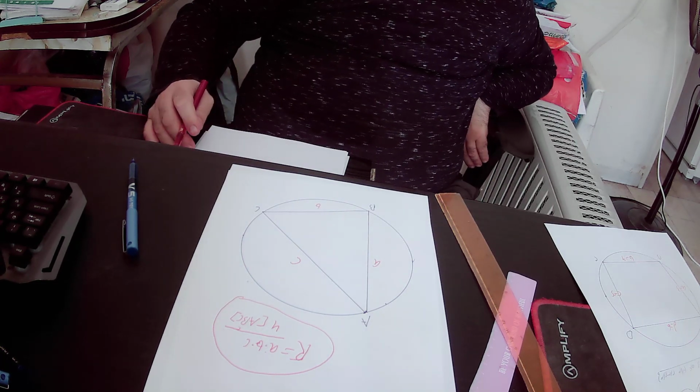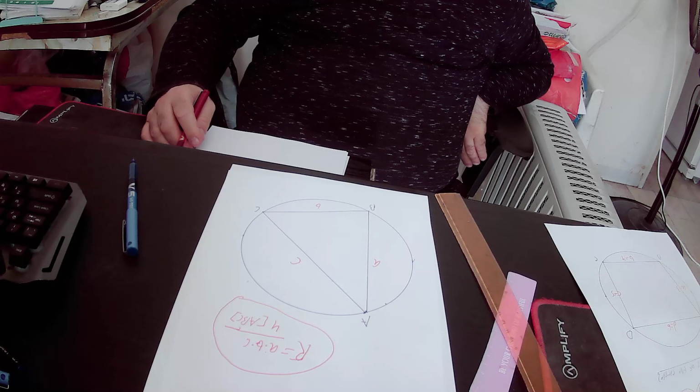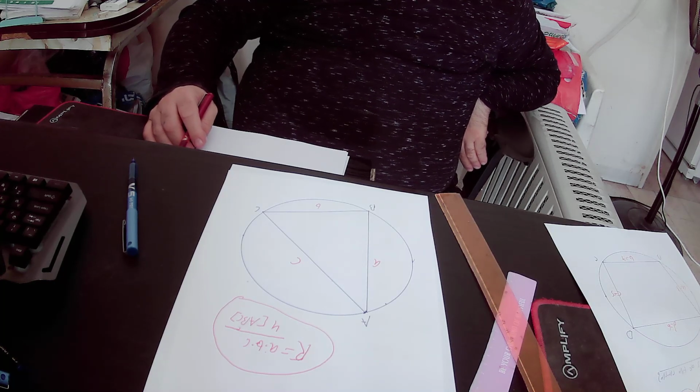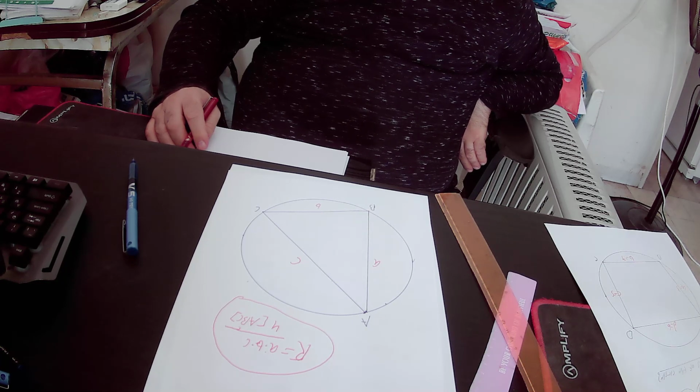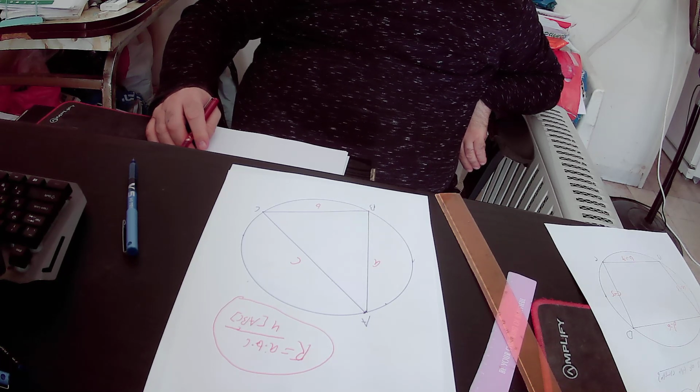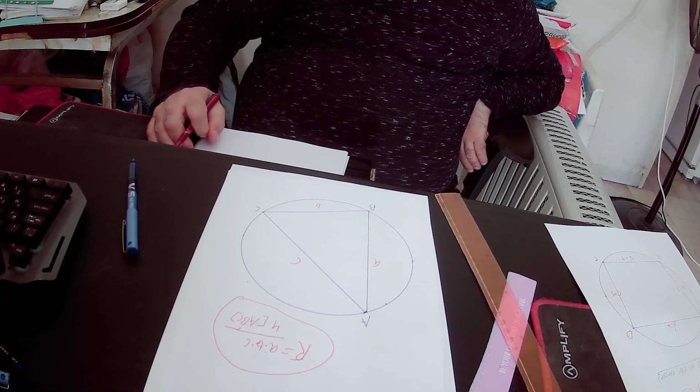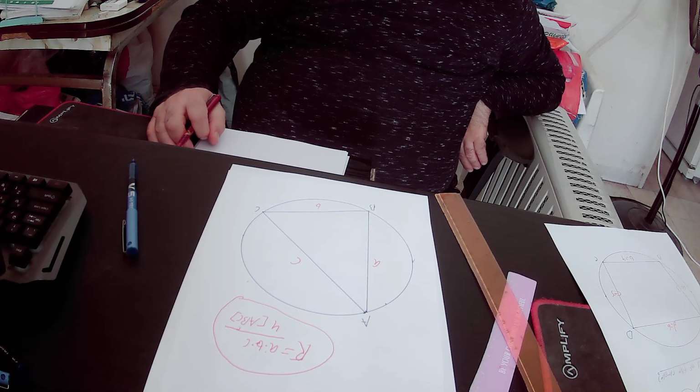Okay, so the meaning of rule number 3 is that if you have a triangle that is inscribed in a circle, then you can know the radius of that circle only by knowing the triangle's side lengths.